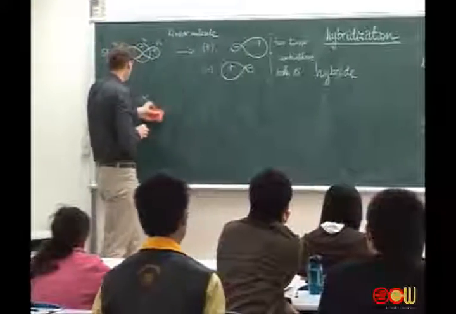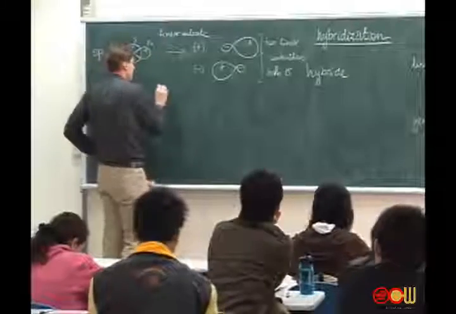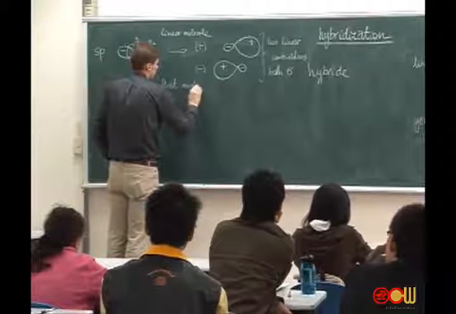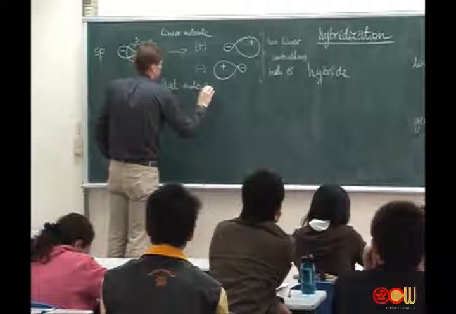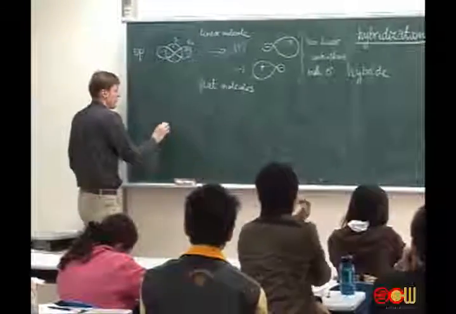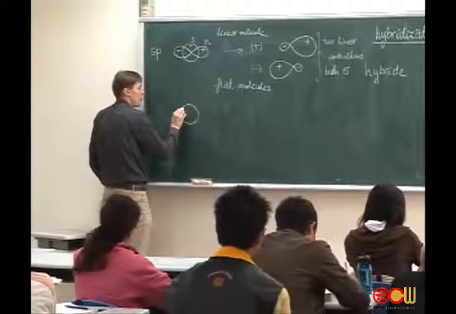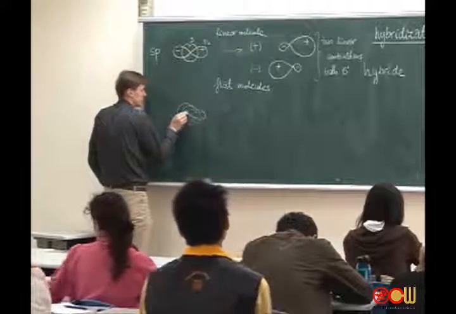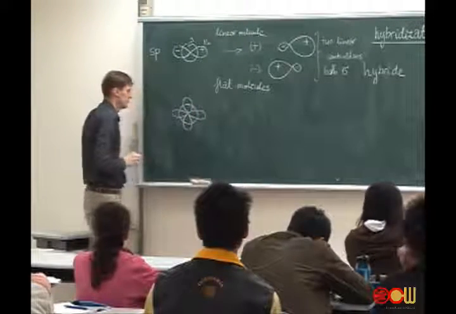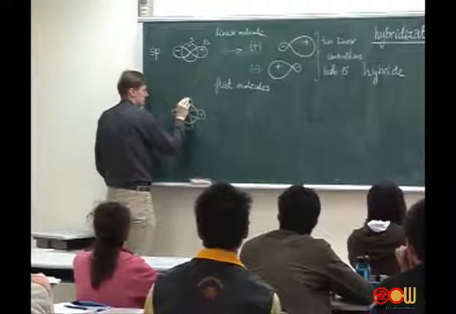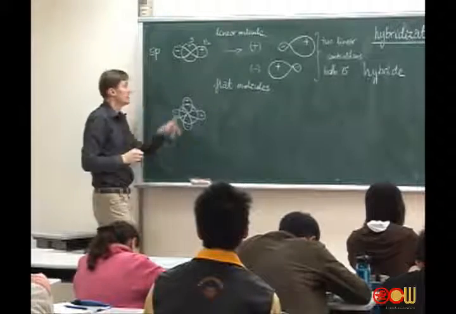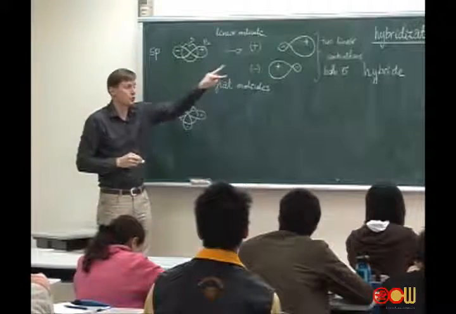Let's go further. If you have flat molecules, flat molecules meaning molecules in a plane, then very often hybridization is a hybridization of one s and two p. Now, in the previous case, two orbitals gave me two linear combinations.